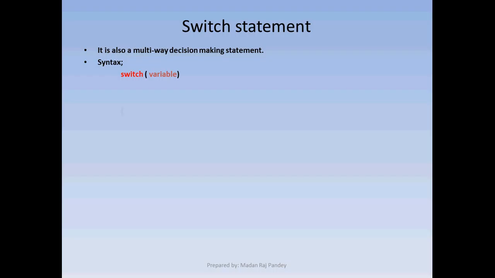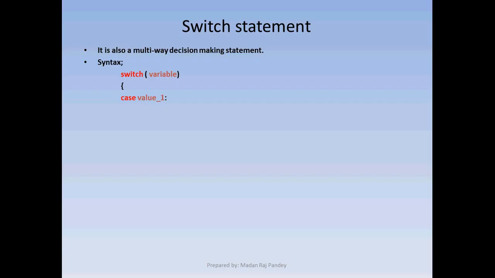So after the switch statement, the curly braces start, then the case value 1. The value 1 would be a value that the variable can hold. In short, the value would be integral values like 1, 2, 3, 4 and so on, or it could be characters like A, B, C, D and so on. At the end of the case value, the colon is put.